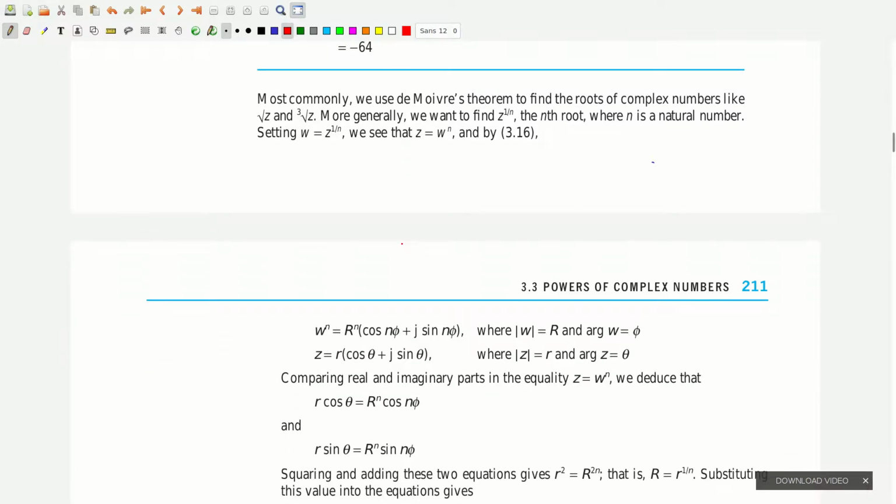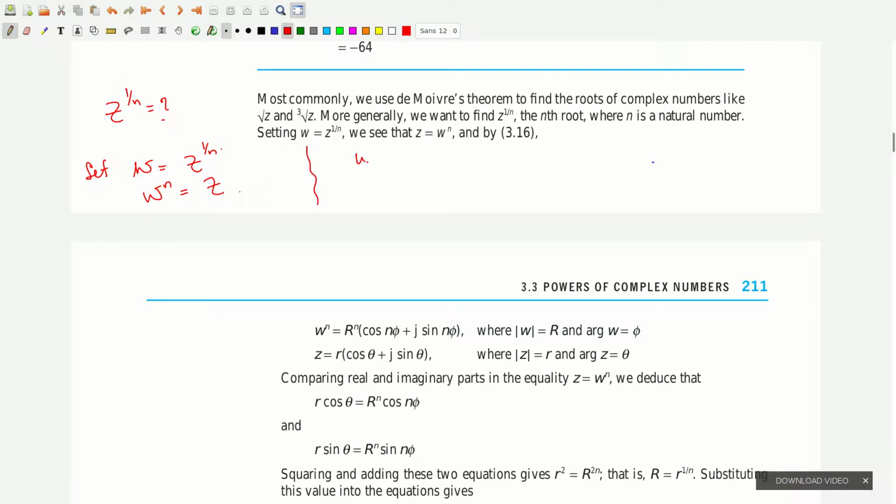So we can as well use De Moivre's theorem to find the nth root of complex numbers. For example, what if we want to find the nth root of z? So we have our z, and then we want to find our nth root. We can start by setting w equal to z to the 1/n power, and then we will have, of course, that w to the n is equal to z.